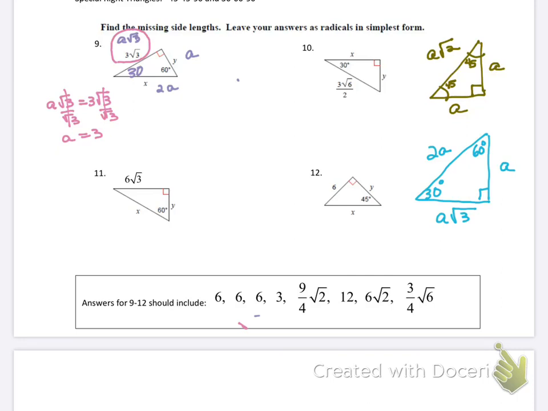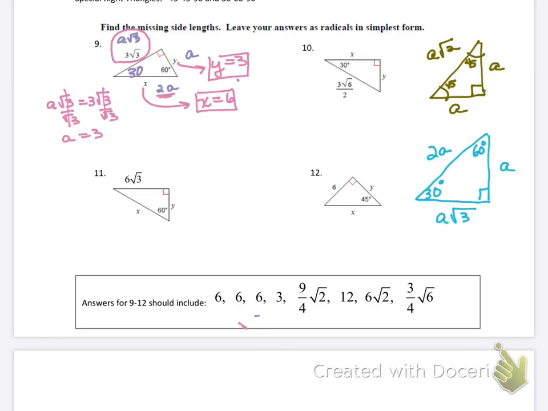Okay, so that means that I now know, since y has to equal A, y is going to be 3. Okay, one answer done. Then I have x. Since x has to equal 2A, x is going to equal 6. Problem done. Okay, so using the pattern that I first described when teaching this is essential. It's going to make your work so easy. It's going to make all these very doable for you.